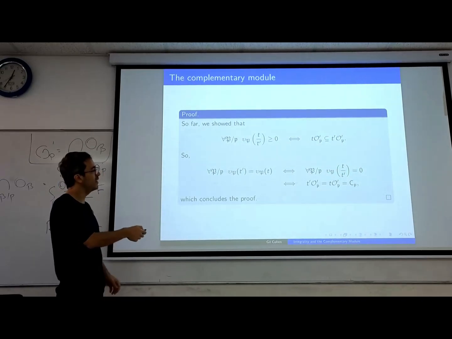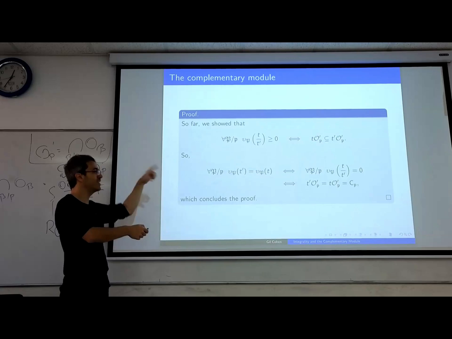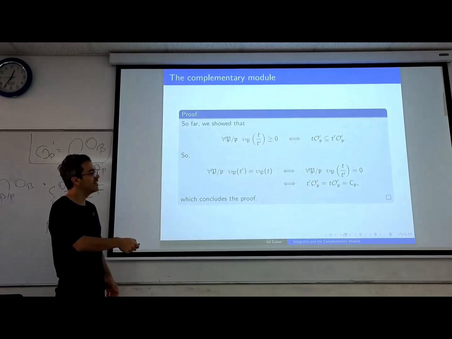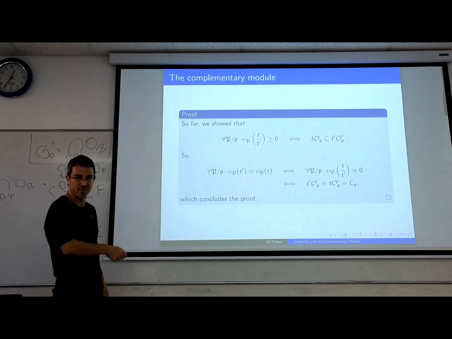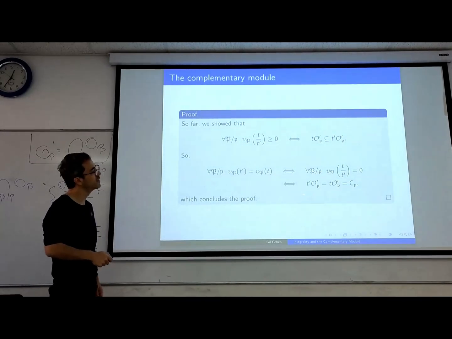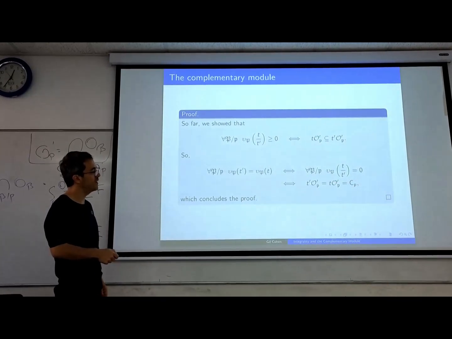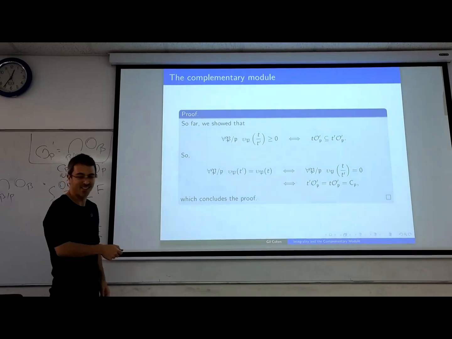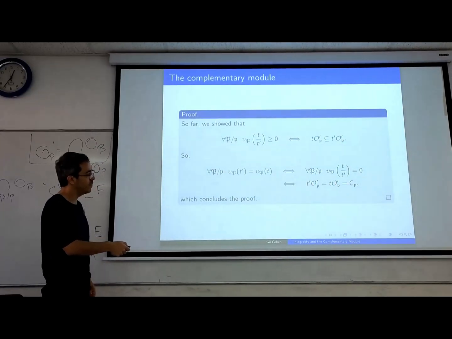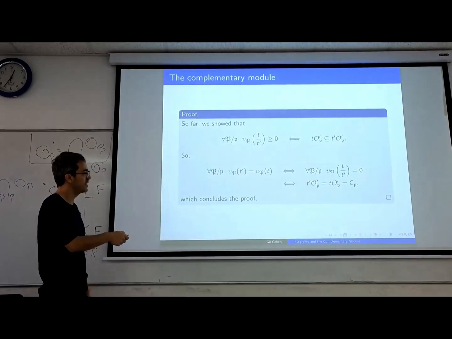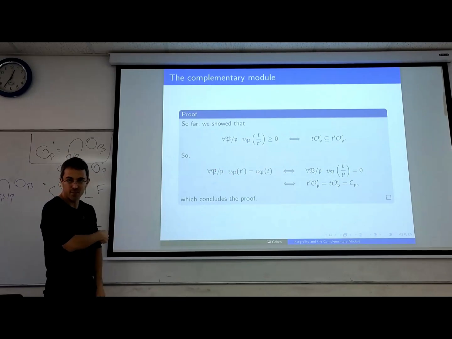Using that on both sides of the inclusion, it's the same as saying that these two are the same. This is contained in that, and that's contained in this, and that's CP. Since everything is equivalent here, I'm really saying that T prime generates CP if and only if it has the same valuation as some other generator.